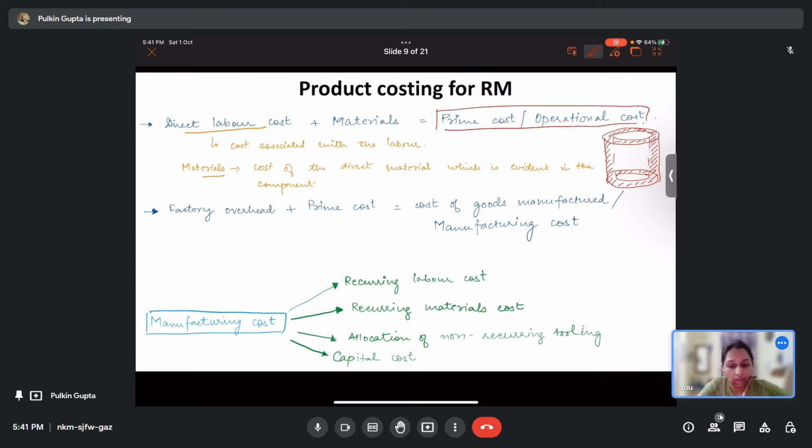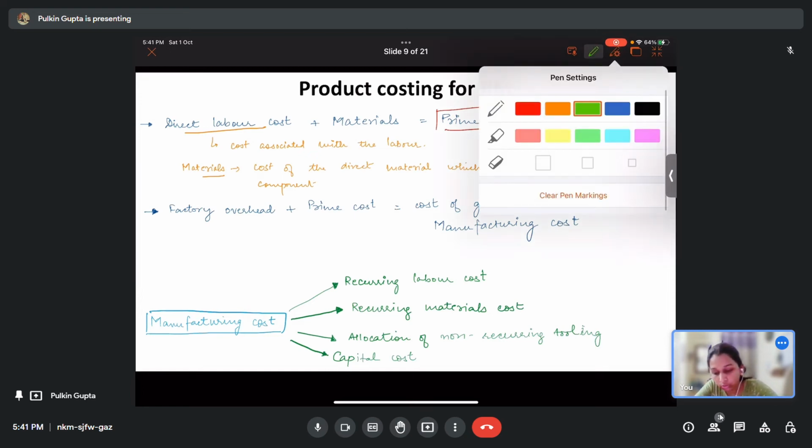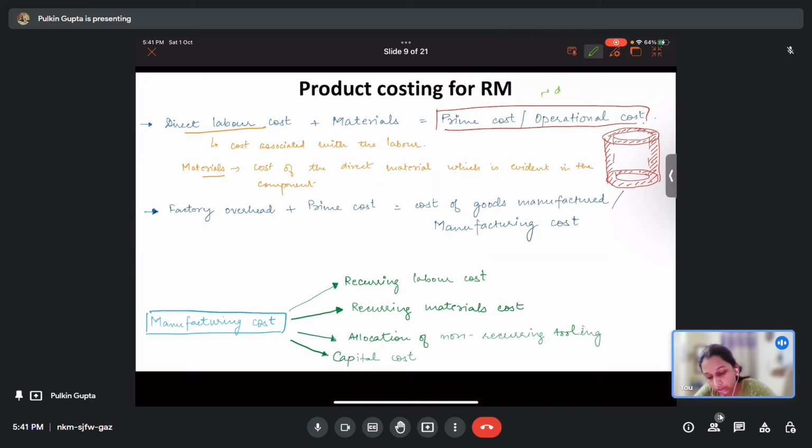Okay, this does not include the cost of removed material. To make a note, this is then compensated in factory overhead, which contains the cost of indirect material.